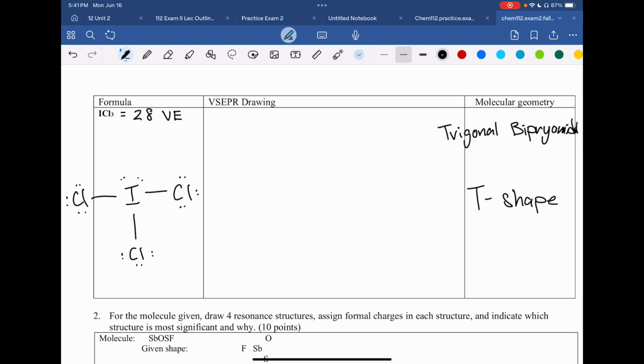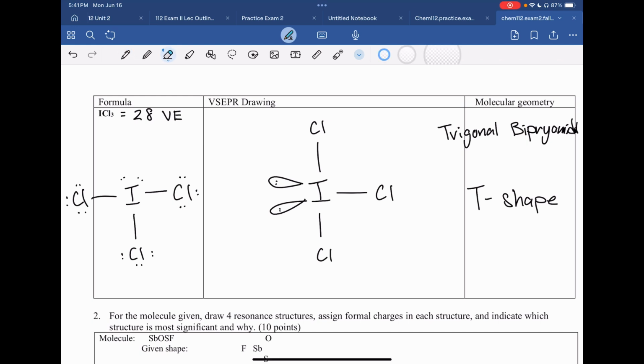Your T shape must be drawn like this. Okay, iodines, your chlorines. Well, it's actually more of an angle, so I'll draw better.